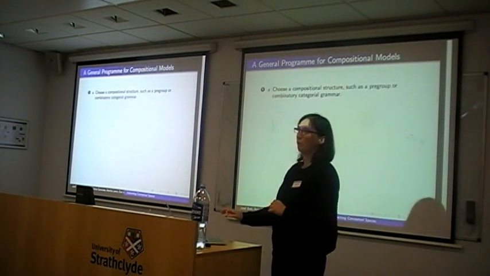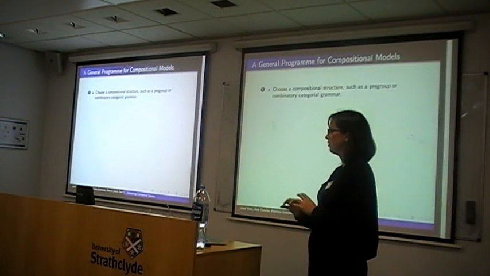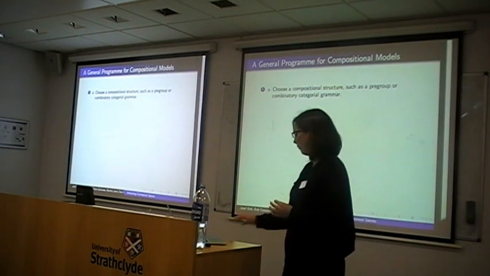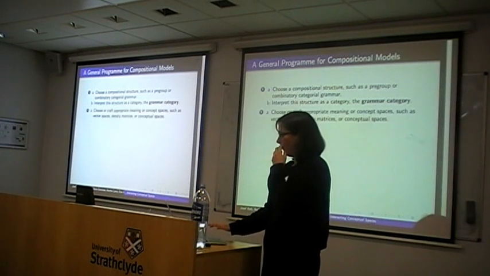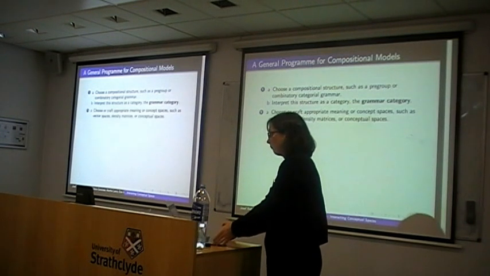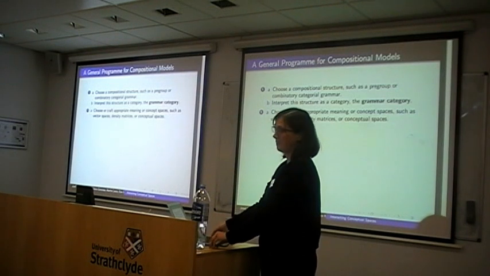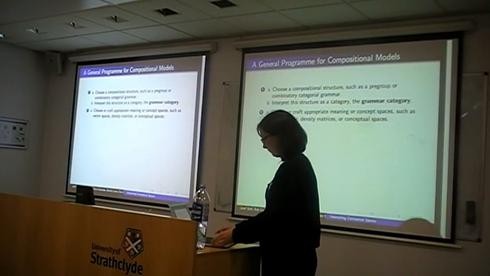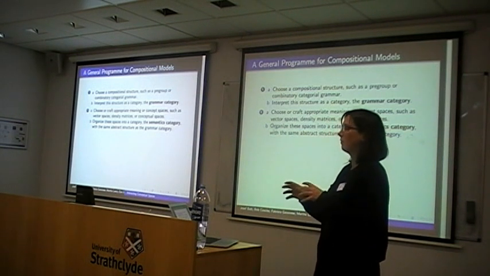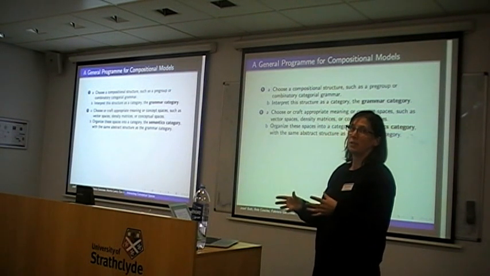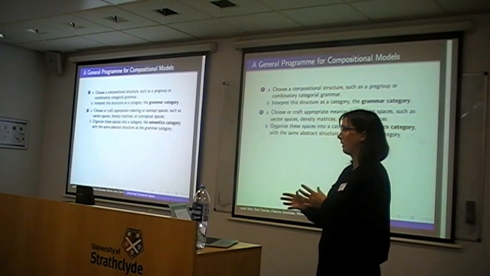So here's this general program. We choose a pregroup grammar or something like that, and interpret it as a category. We will choose conceptual spaces to form our meaning spaces, and again build a category around that representation that has the right sort of characteristics.